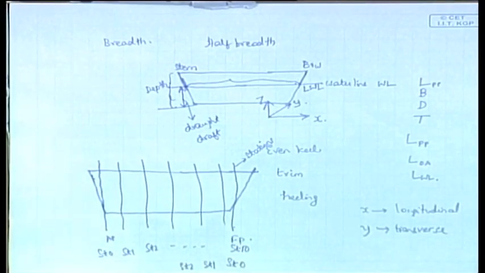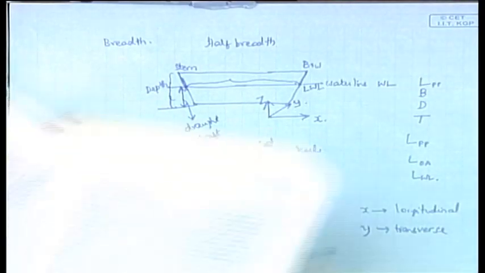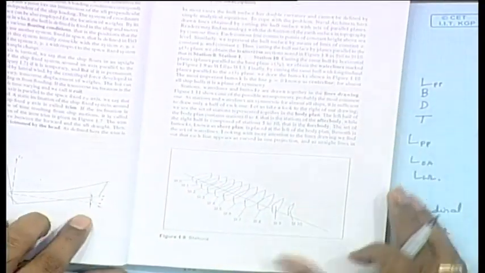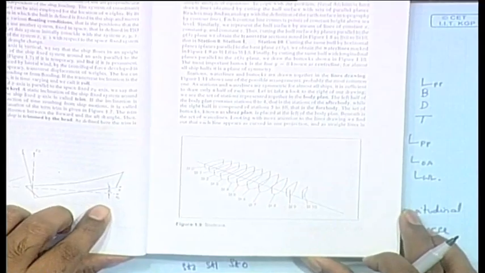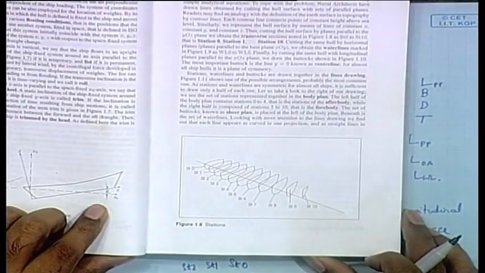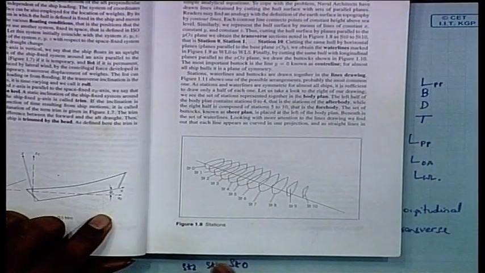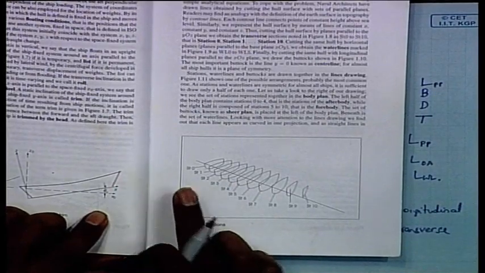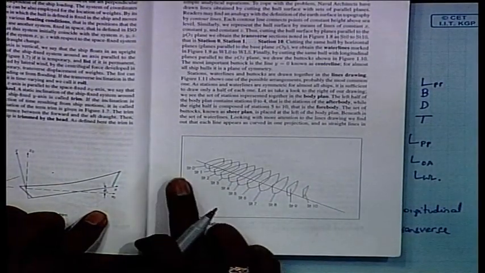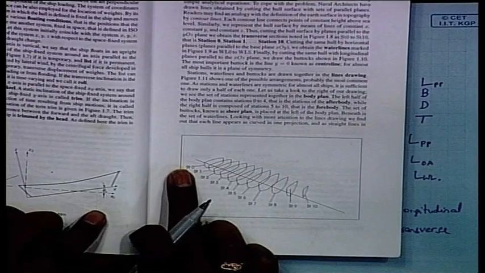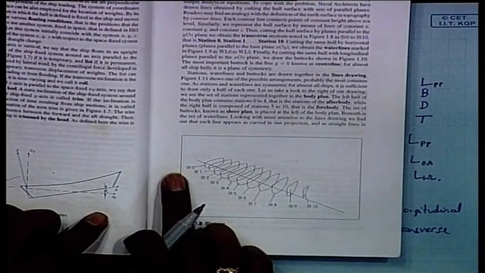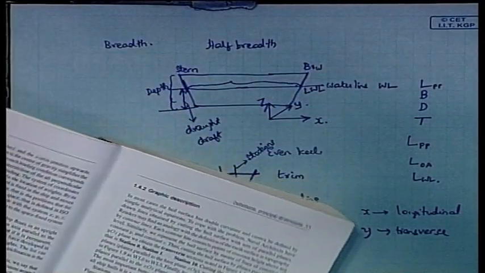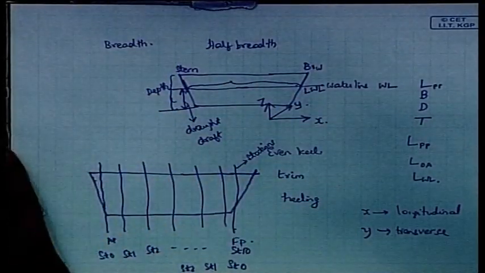You can see that this is how it is: it starts from station 0 and comes down to station 10 at the front. So, these are the stations.